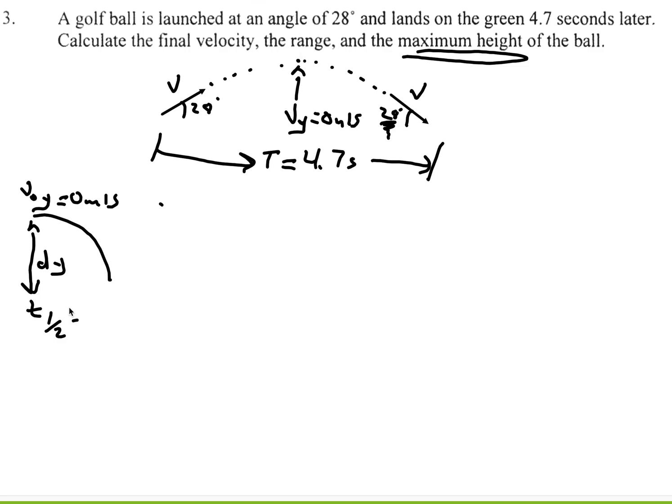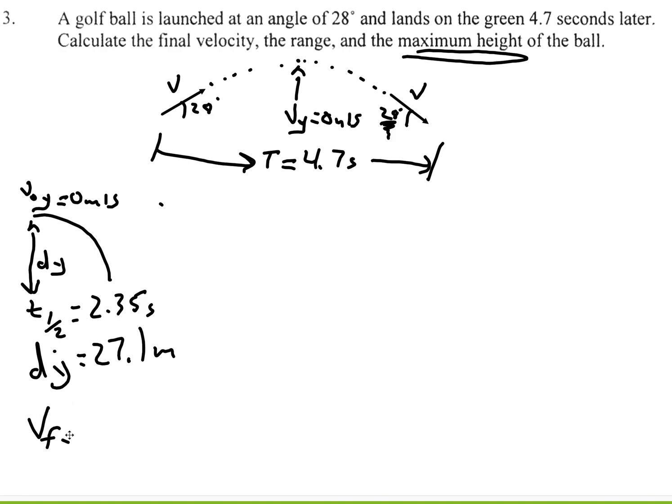So we know that the time for half of the trip, we said that was 2.35 seconds. We also know that dy now, we said 27.1 meters. So the next thing I want to find is, let's find the final velocity. Okay? So I need to find Vf.